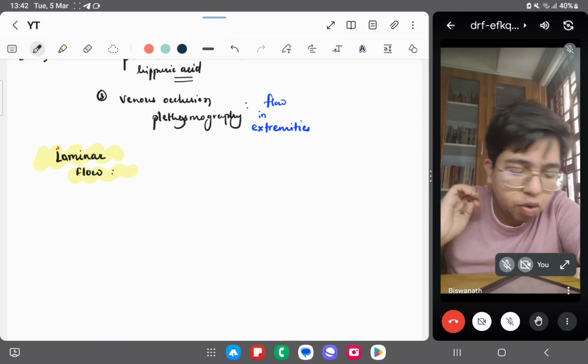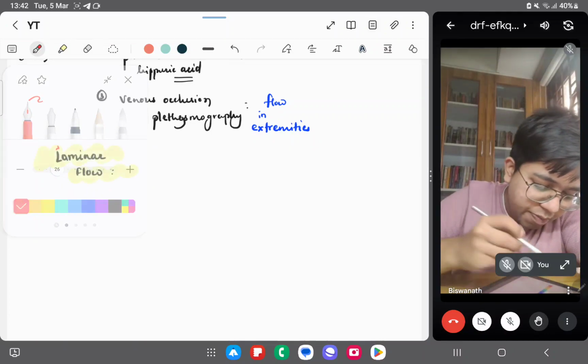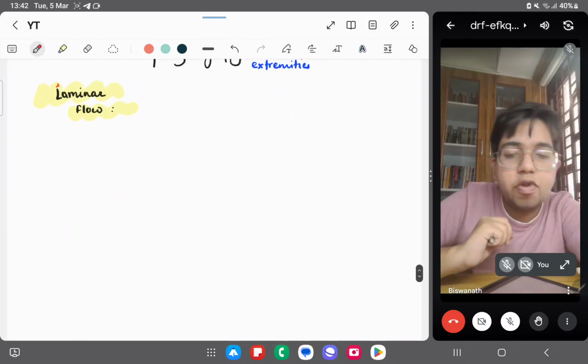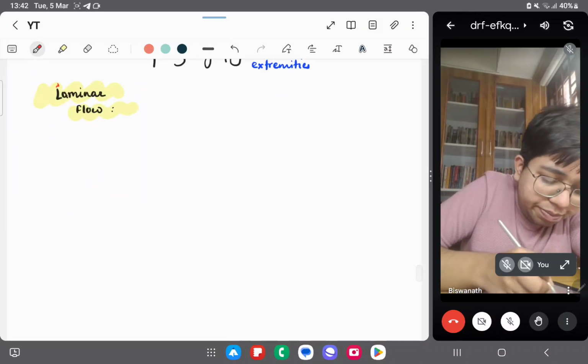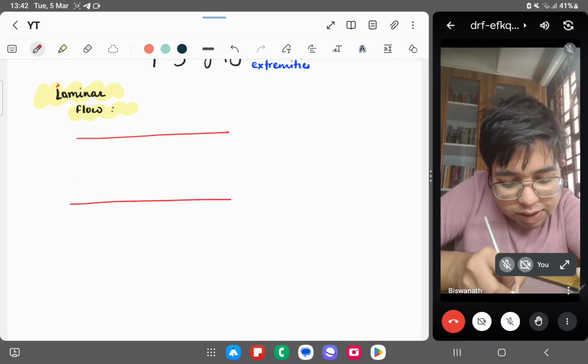Whatever I told, let me just represent here. If you want to understand laminar flow, this is a blood vessel.